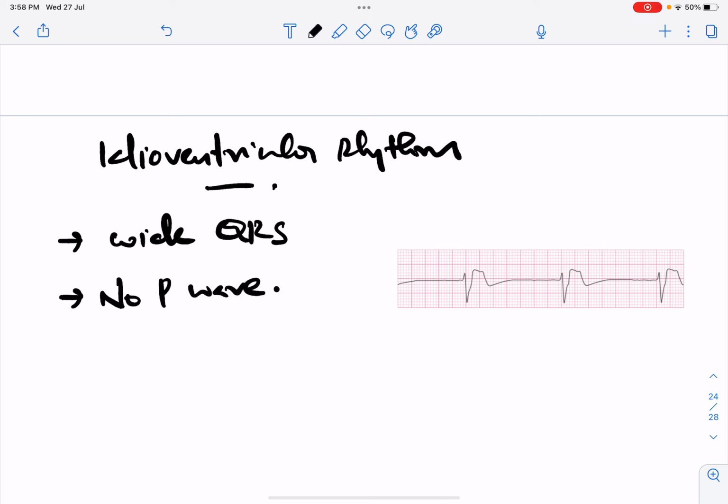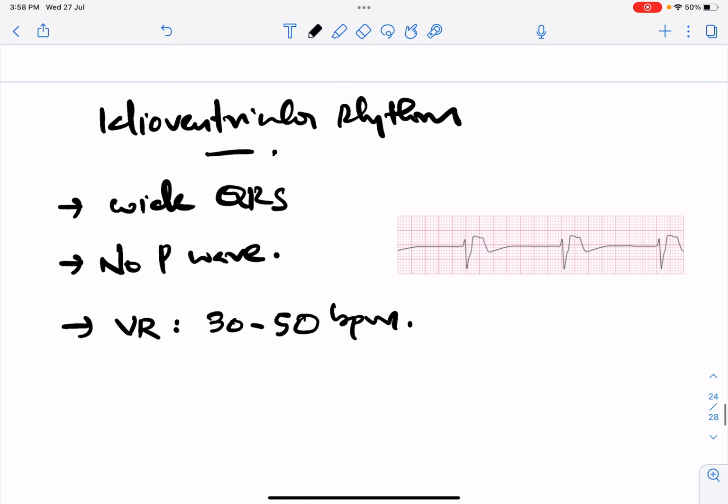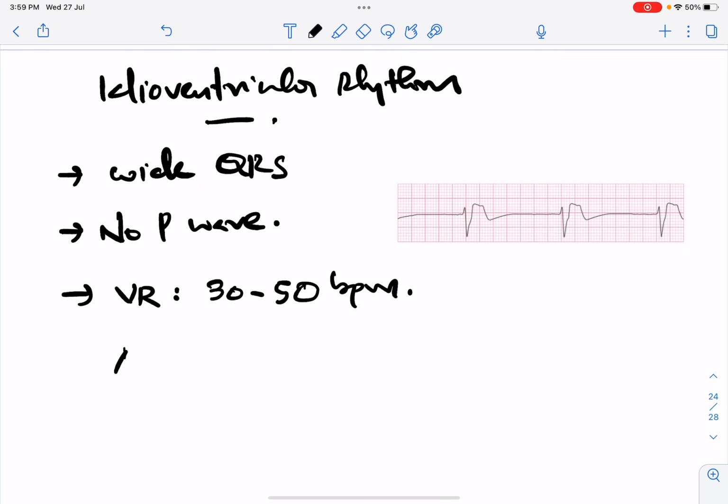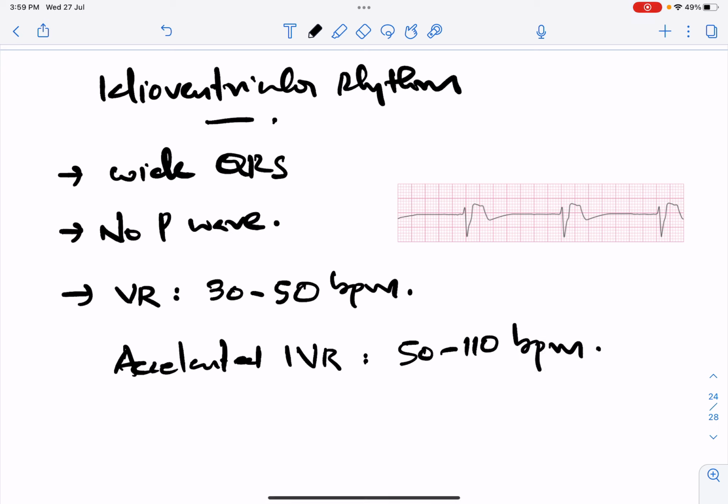It is originating from the ventricle, so there won't be any P wave, and the ventricular rate is usually 30 to 50 beats per minute. And in accelerated idioventricular rhythm, the heart rate will be like 50 to 110 beats per minute.